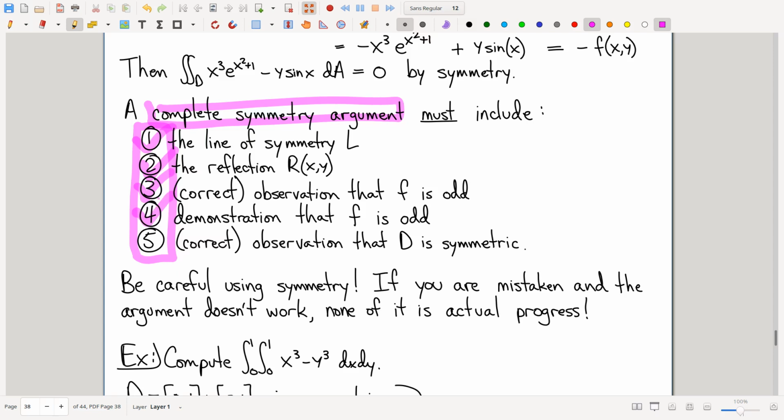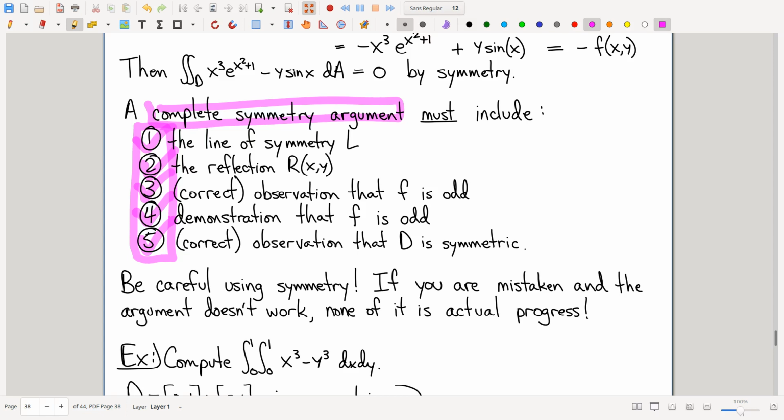And I want to point out, neither of these by itself is really sufficient. If you write down all of the algebra necessary to show that f is odd, but you don't come out and say, and therefore, right, then it's kind of spiking the football on the 2-yard line. You need to actually say that the function is odd also. And again, you have to doff the cap to recognize the importance of the domain being symmetric.